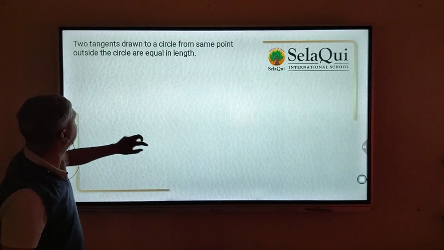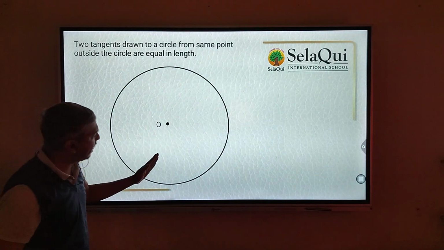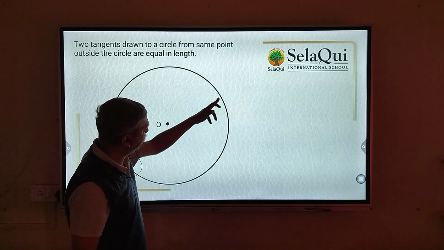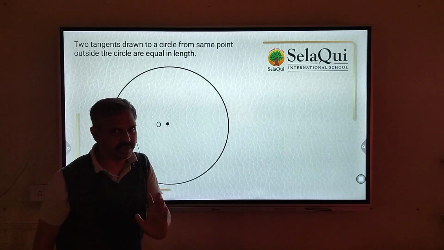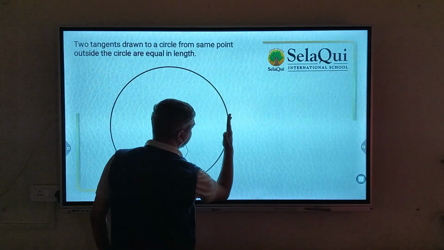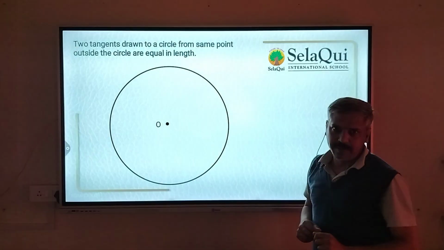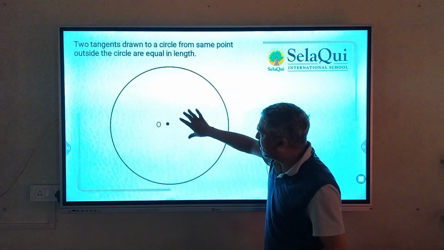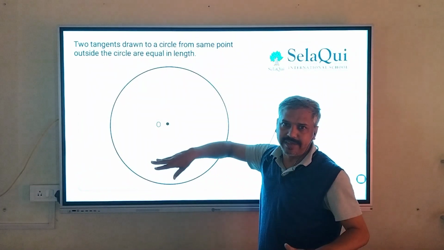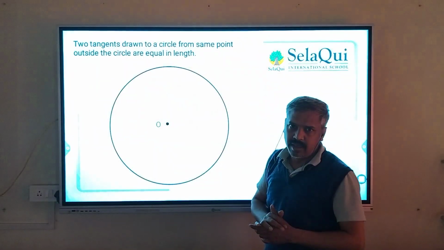If a line is passing through these points, it will cut the circle, it will not touch the circle. Touching is possible only if it is like this, which means a single point of contact. So for a point inside the circle, you cannot draw any tangent, because a tangent is only possible if the point is on the circle.